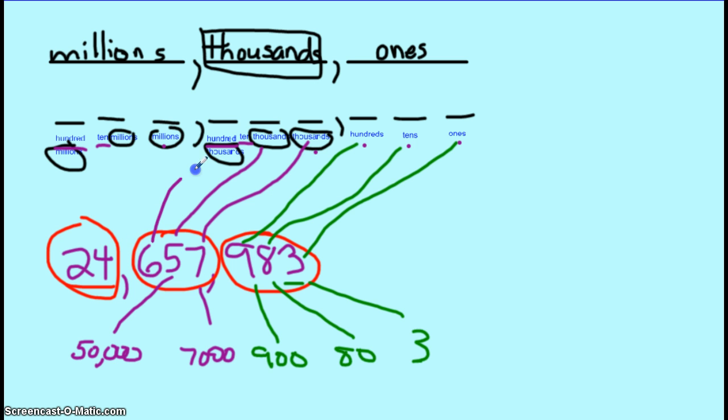The 6 is in the 100,000s place. So the 6 tells us that we need to count 6 of the 100,000. Let's do that together: 100,000, 200,000, 300,000, 400,000, 500,000, 600,000. So the value of the 6 is 600,000.